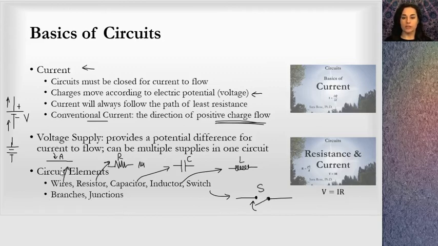When we look at circuits, we will also be focusing on branches and junctions. Branches have a current each, and a junction is a place in wires where multiple wires come together. I'll talk more about these as we go along, but I just wanted to give an overview here of all the basic circuit elements we're going to be looking at.